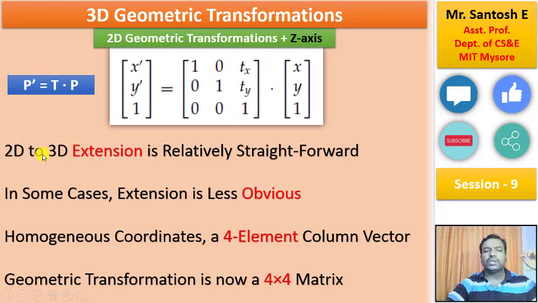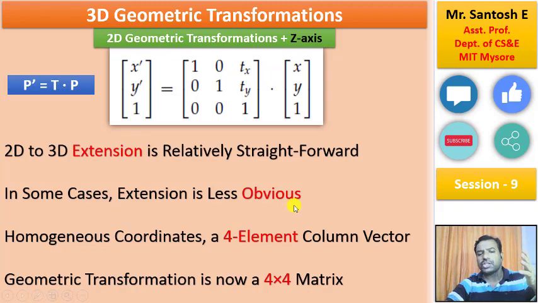Hence we usually say that 2D to 3D extension is relatively straightforward. Whatever derivation we have used until now, we will just be reusing, with a slight extension by bringing in the z-axis. In some cases the extension is less obvious.